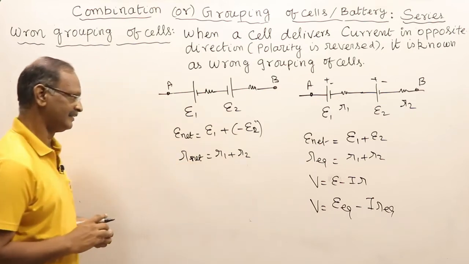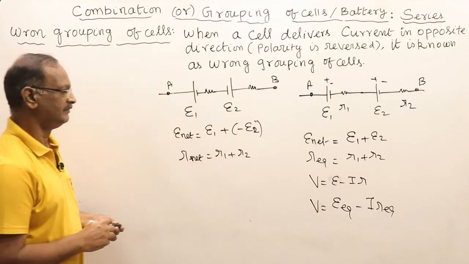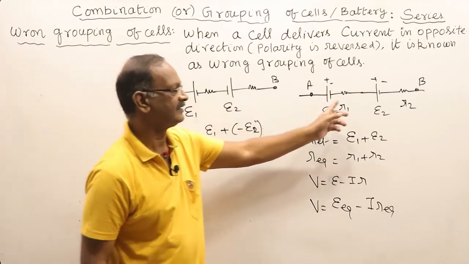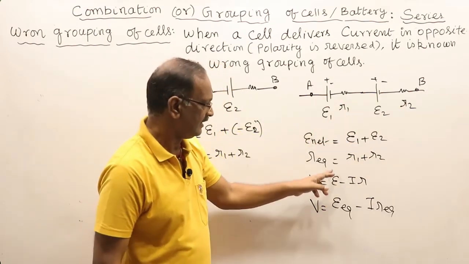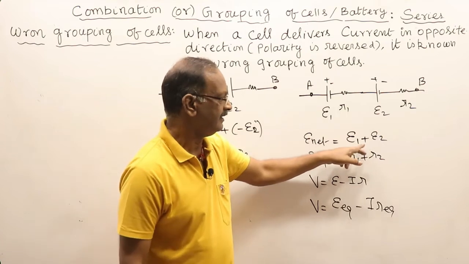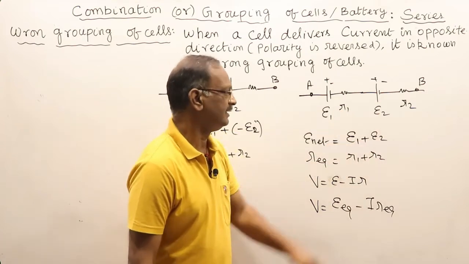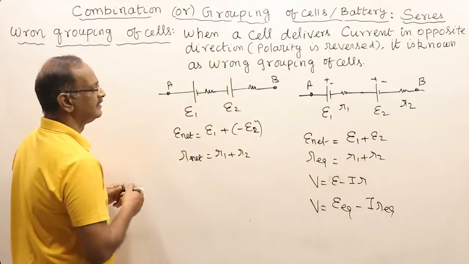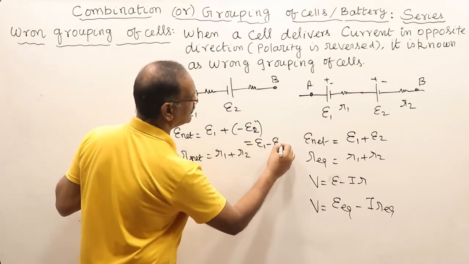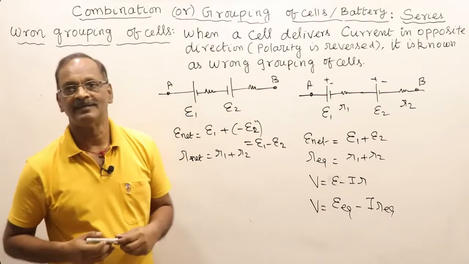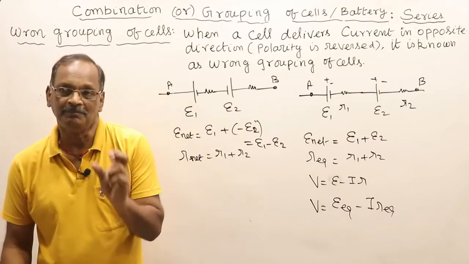In both cases, when the cells are connected properly in series, the EMF is the addition of both EMFs. But here it is the subtraction. It means that one cell is delivering current in the opposite direction.